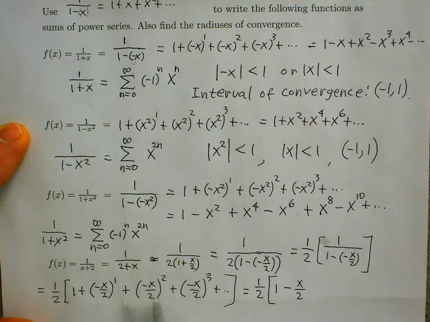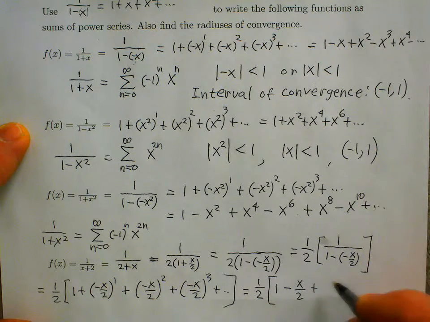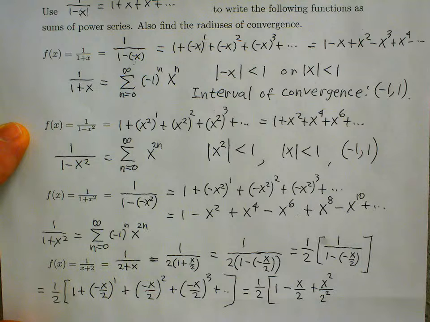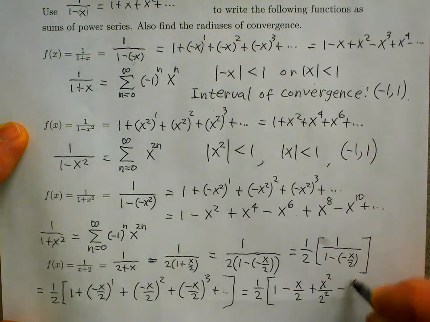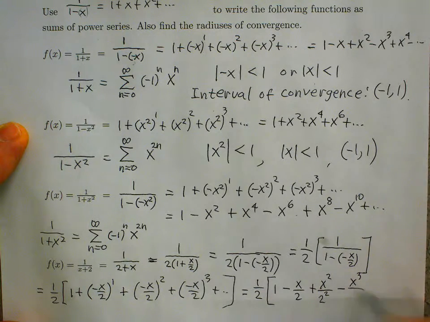Then we're adding the term negative x over 2 squared, so this will be plus x to the second over 4, but I'll just write it as 2 to the second. Then the next term, when we raise the term negative x over 2 to the third, we get negative x to the third over 8, but I'll write it as minus x to the third over 2 to the third, and so on.